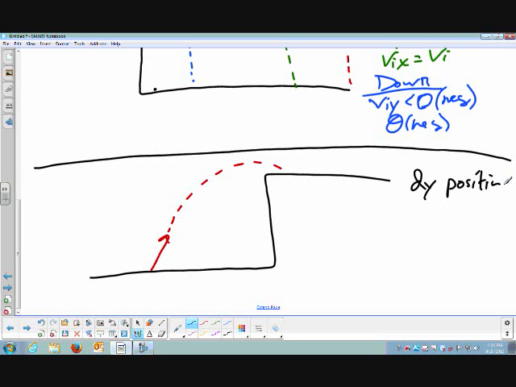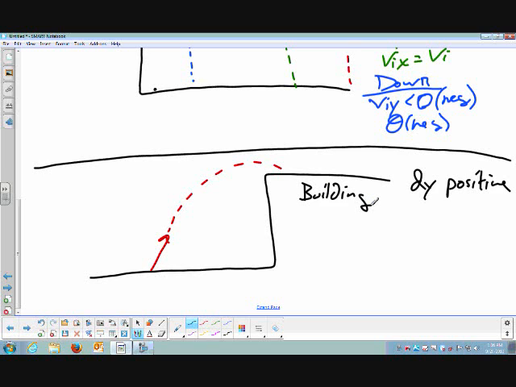My end position is above my beginning position. A lot of kids find this type of problem a little bit confusing because they interpret these problems as a building that we're trying to throw something up onto, which is fine.